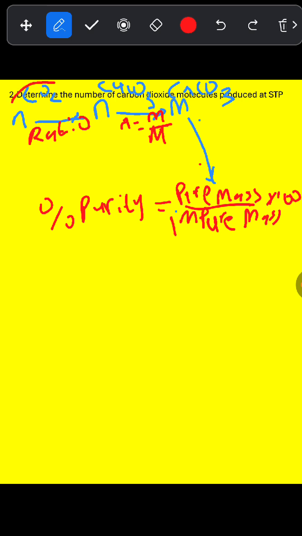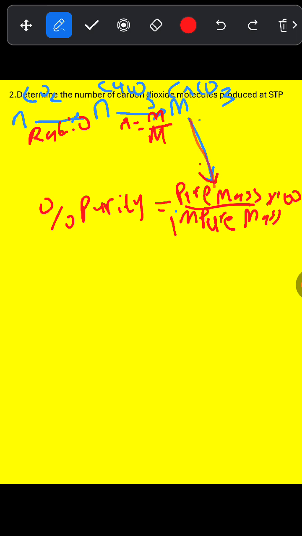We started with the number of moles of carbon dioxide. Then we used the ratio to get the number of moles of calcium carbonate. Then we use this formula to get the mass of calcium carbonate. That mass is going to be a pure mass, because that calcium carbonate is inside a chemical equation, and only a pure mass can undergo a chemical reaction.